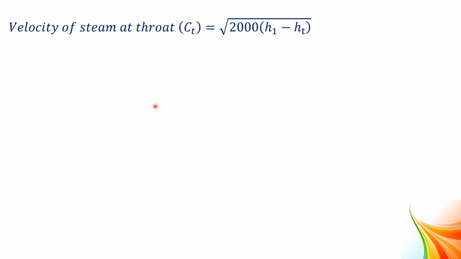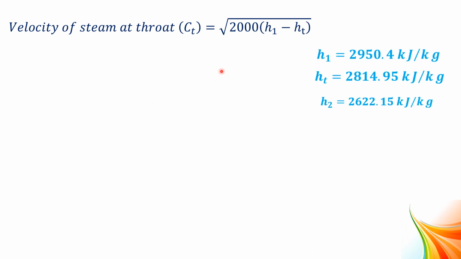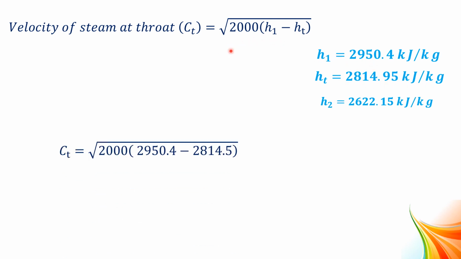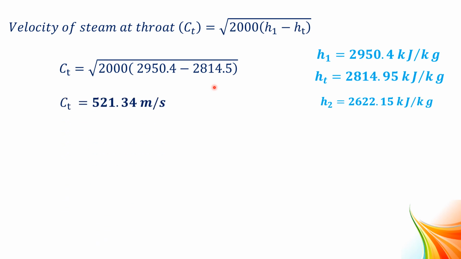Now we have to find out the velocity of steam at throat. We know the value of H1 equal to 2950.4 kilojoule per kilogram and Ht equal to 2814.95 kilojoule per kilogram. Substituting these two values in the velocity equation, we get Ct equal to 521.34 meters per second.